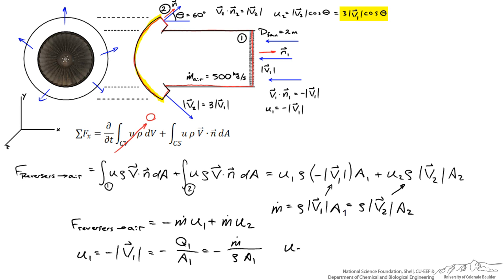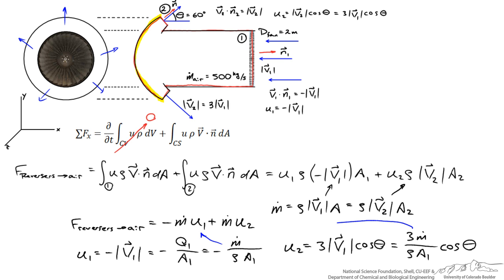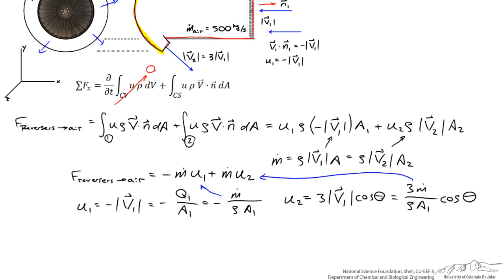And I know that u2 is equal to 3 times the magnitude of the velocity entering the fan times the cosine of theta. That then is equal to 3 m dot over rho A1 cosine theta. So I'm going to make this substitution for u1 and this substitution for u2, and I'll come up with a simplified expression for the force of the thrust reversers on the air.